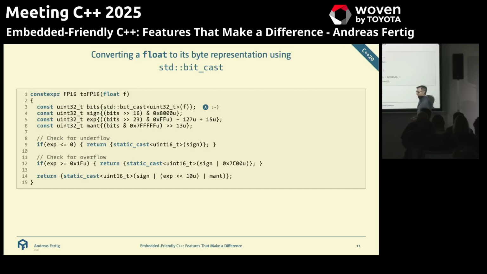The start_lifetime_as is a different thing. So reinterpret_cast, the name might be wrong for that purpose, but from the abstract machine point of view, we need to start the lifetime of this object because we are in C++.